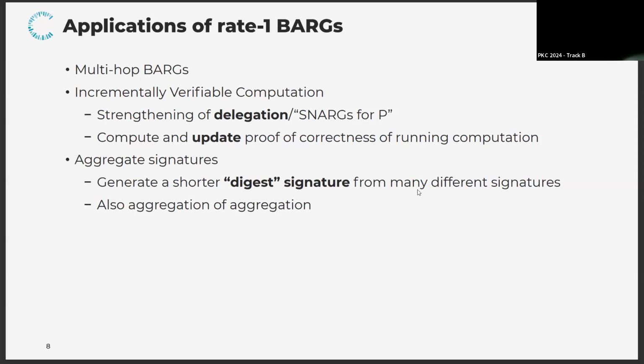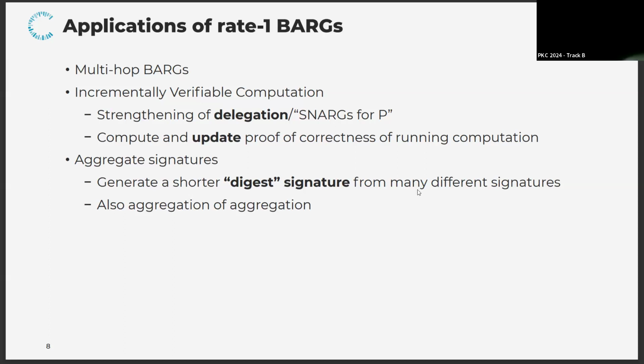Other applications are incrementally verifiable computation, which is a strengthening of the delegation of computation task, in which we have a client who sends a server a function and an input and wants the server to evaluate it.